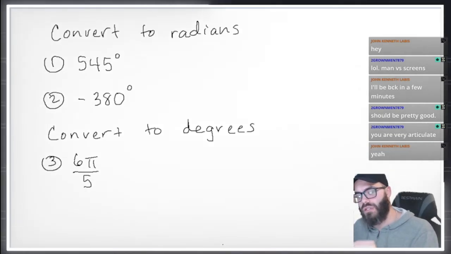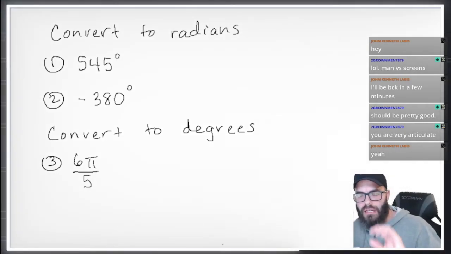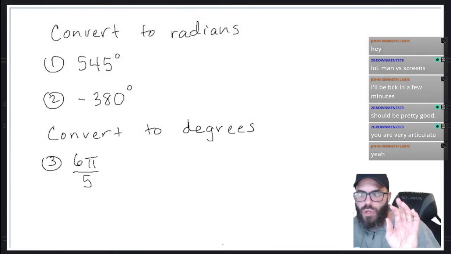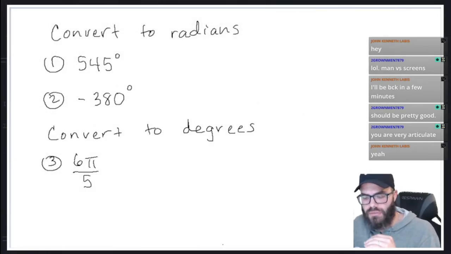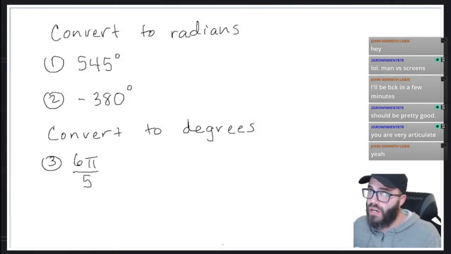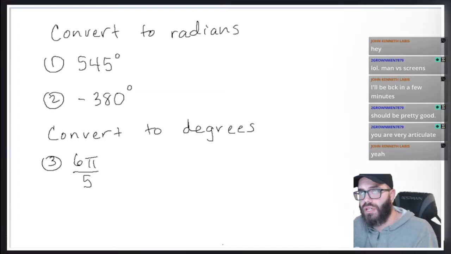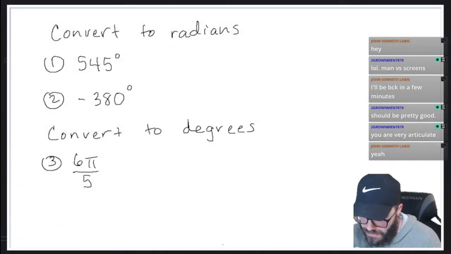I can look at the ratio of pi that my angle is, and in my head think, if 6 over 5 is my coefficient of pi, and that is just a little bigger than 1, then my angle in degrees should be a little bigger than 180 degrees, since 180 is equal to pi in terms of the conversion factor.